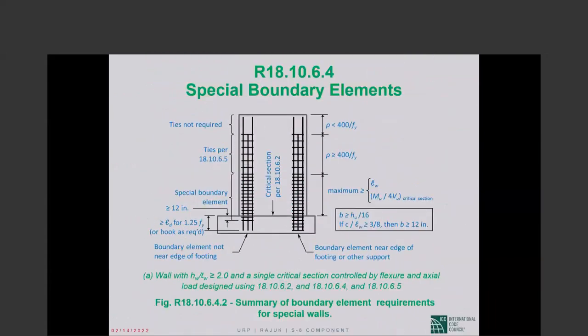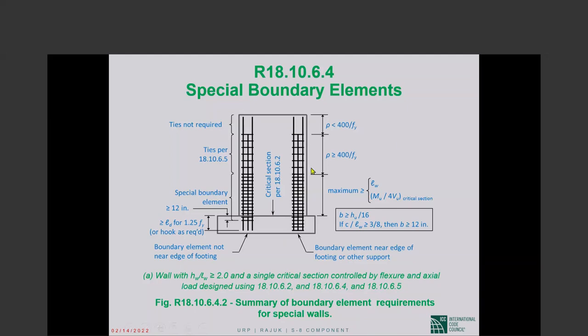The main point of the figure that I want to emphasize to you that is not well understood is, your calculations show that at the critical section you need special confinement. Special confinement shall be extended over the distance that we have discussed many times, and into the foundation it will be one development length of the largest longitudinal bar or 12 inches, whichever is the larger of the two.